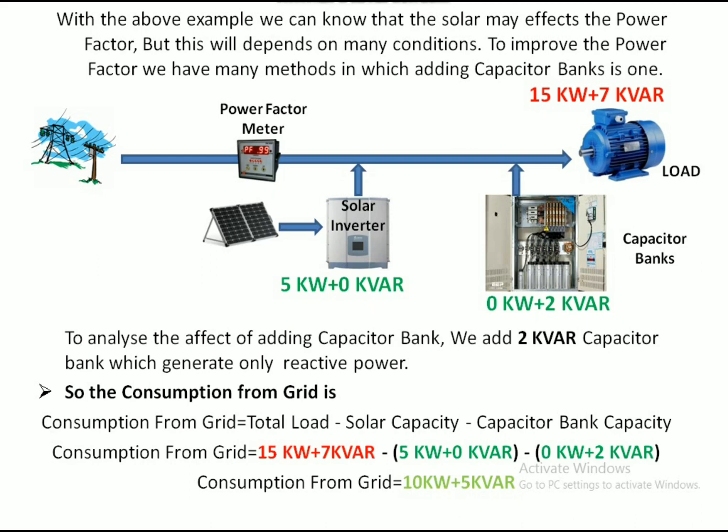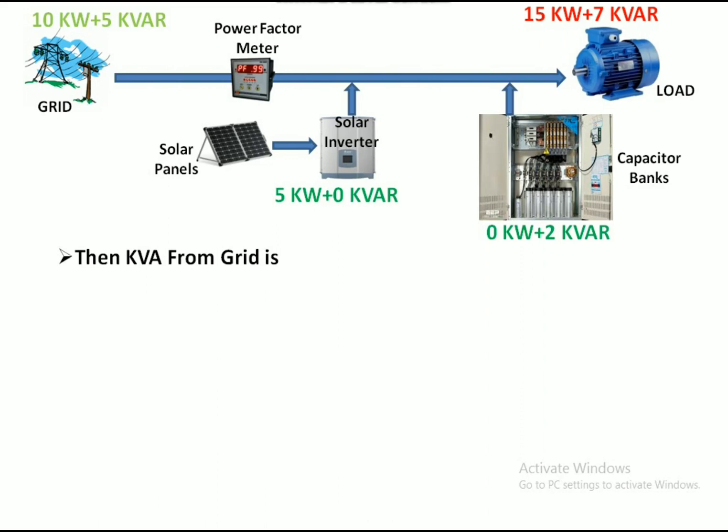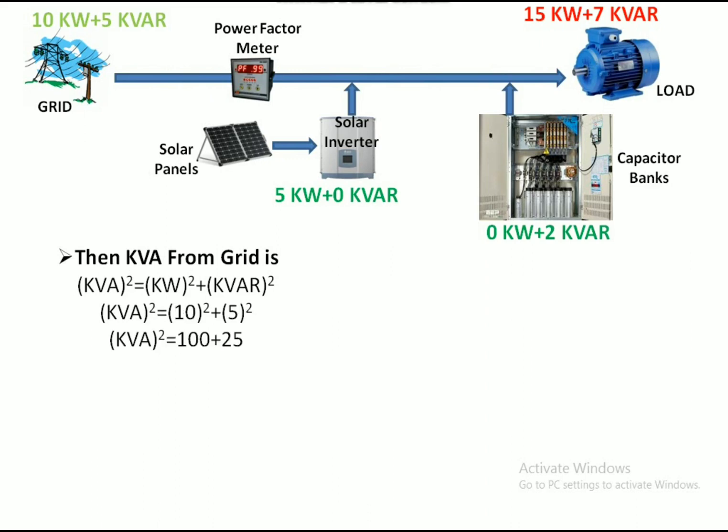As kVA square is equal to kW square plus kVAr square, we can calculate apparent power. kVA square is equal to 10 square plus 5 square, which is equal to 125. And kVA is equal to square root of 125, which is equal to 11.1.